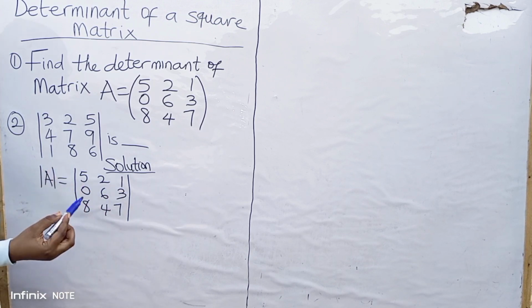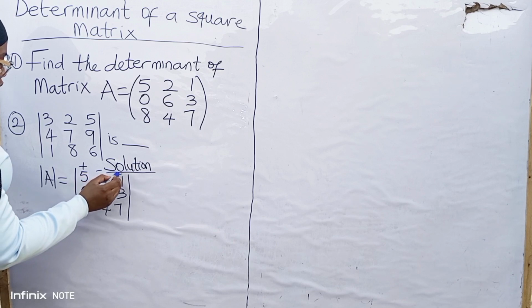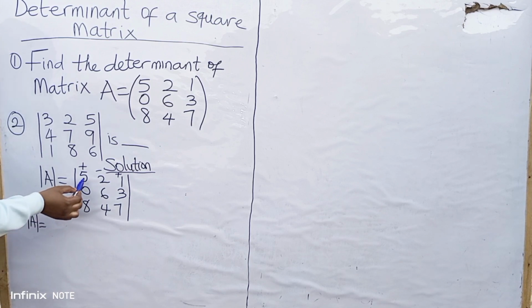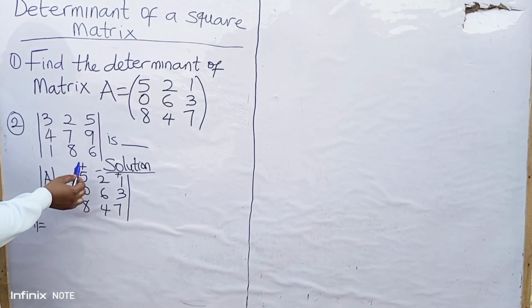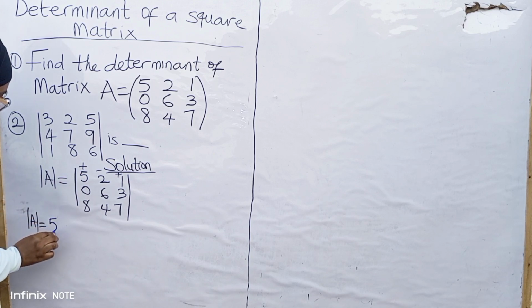The next thing is that you have to put signs on them: plus, minus, plus. So determinant of A will be equal to, we are taking the first element, which is 5, plus 5. So you write 5, then multiply by.